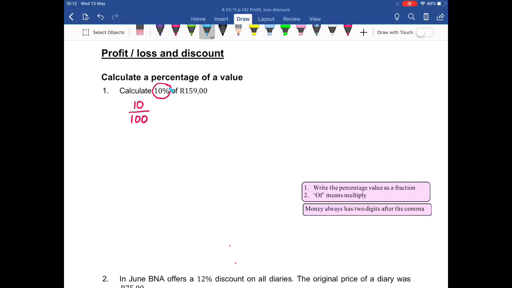In maths, of means multiply, so we are going to say 10 over 100 multiplied by 159, and that is going to equal 15 Rand 9. Please make double sure that you always add the 0, because money is to 2 decimal places. If you don't, then you will lose a mark for that.